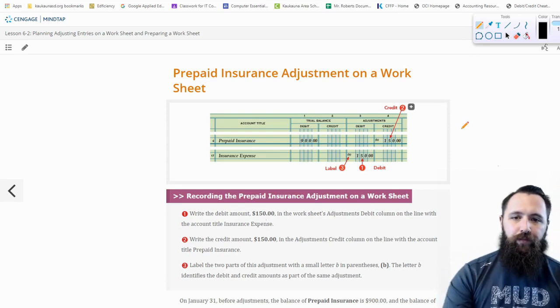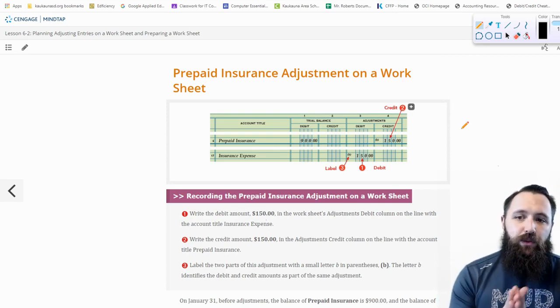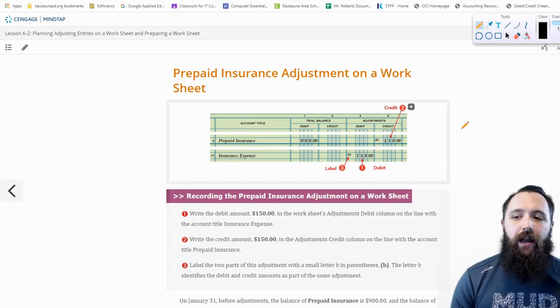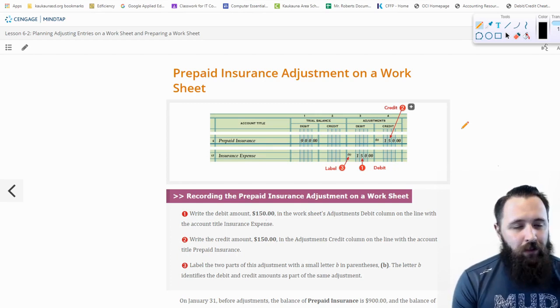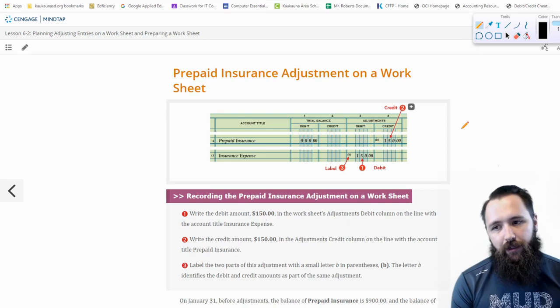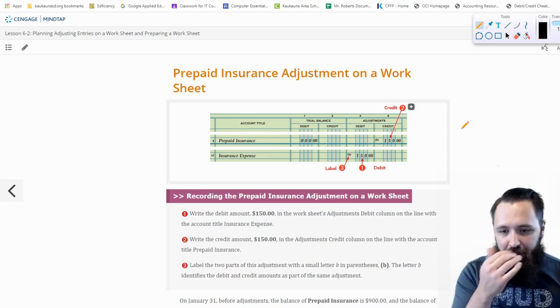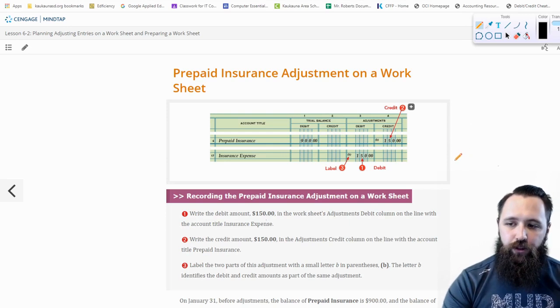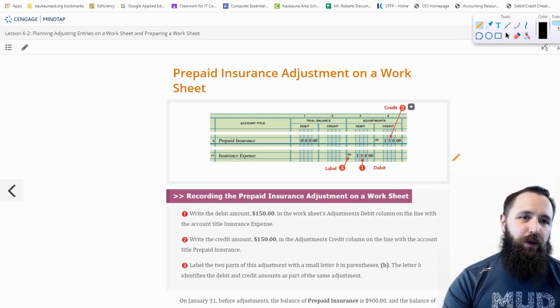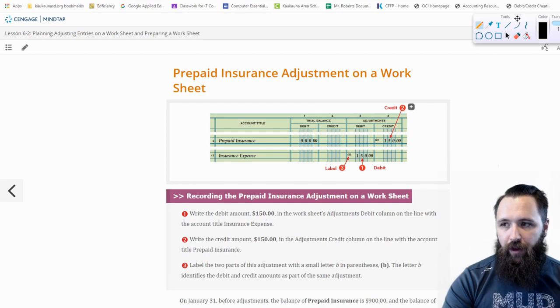So next we have the prepaid insurance adjustment on a worksheet. Now this is the exact same thing as supplies. The big difference is prepaid insurance isn't something where you have to go and count it like supplies would.